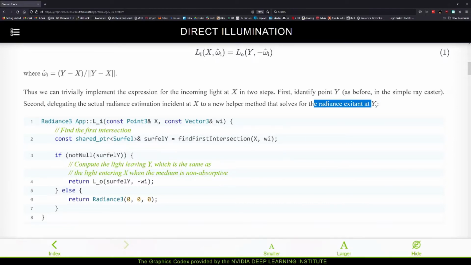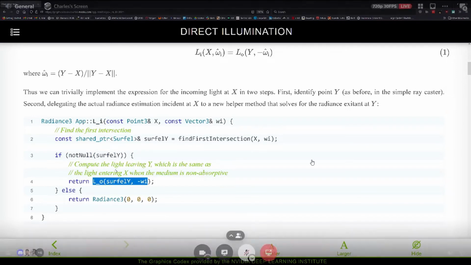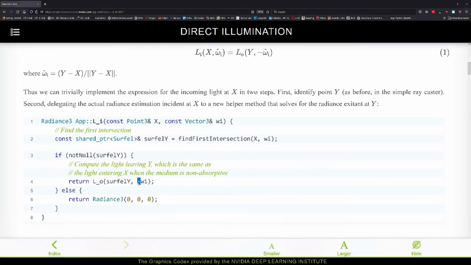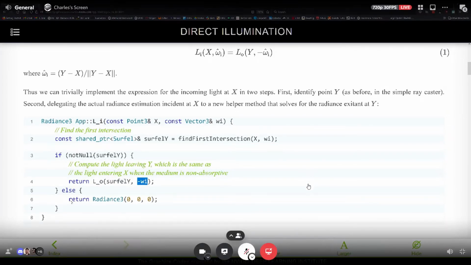So we need to find the point Y and then calculate the radiance exitant at Y, i.e. the radiance leaving Y towards X. So we have our intersection, and if it's not null, we compute the light leaving Y in the negative wi direction. Otherwise, we return 0 because it didn't hit anything.